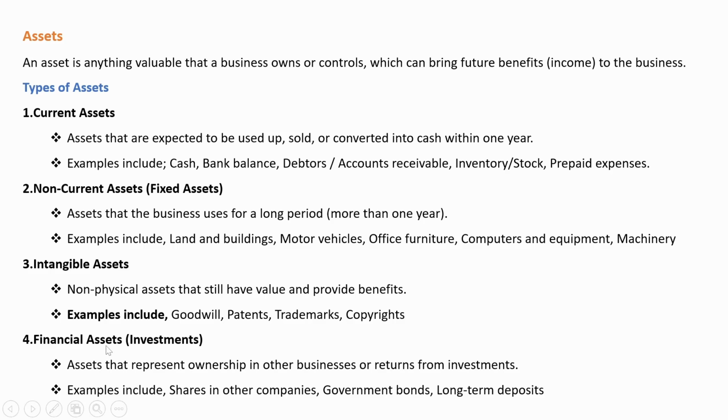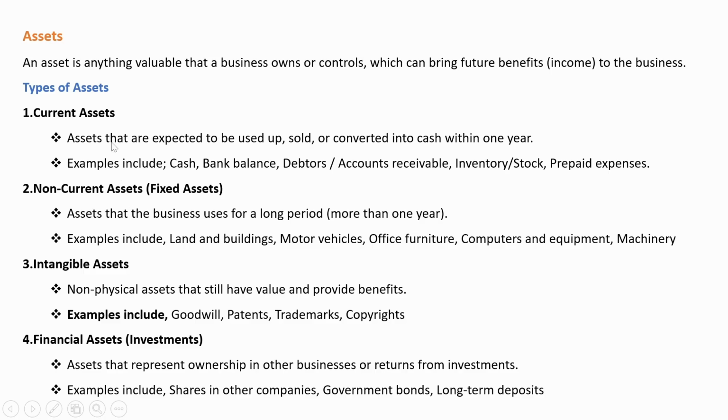For example, the financial assets can be under current asset or under non-current asset. Intangible assets can also be classified under non-current assets. So the major categories of assets are two: current assets and non-current assets.